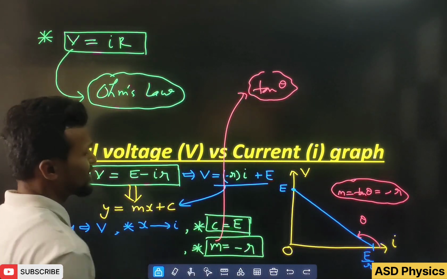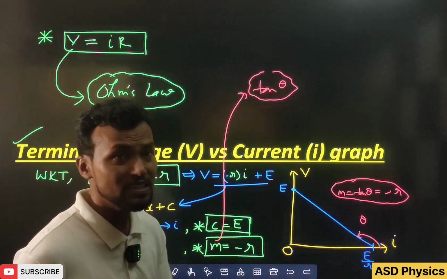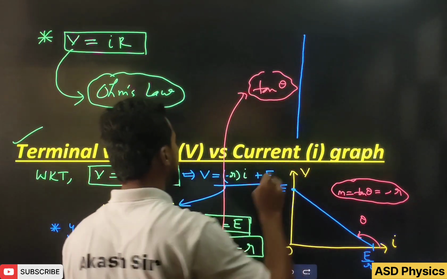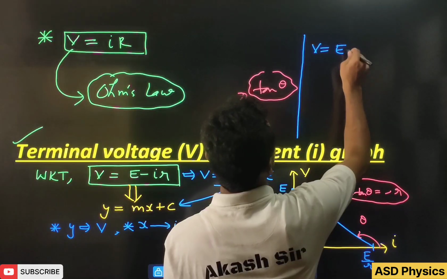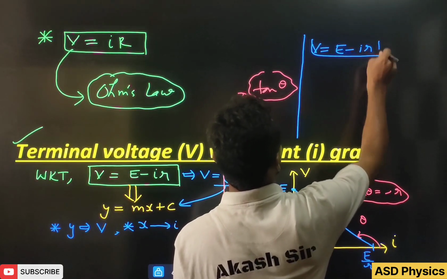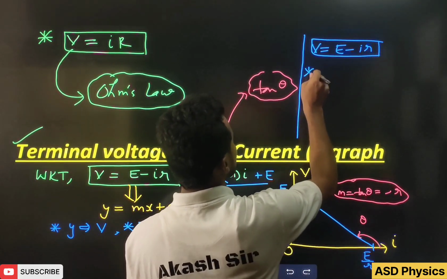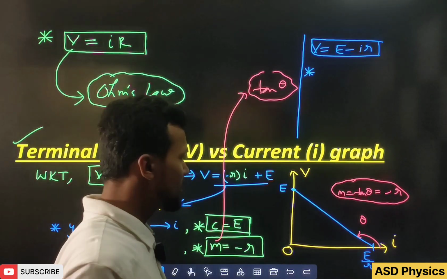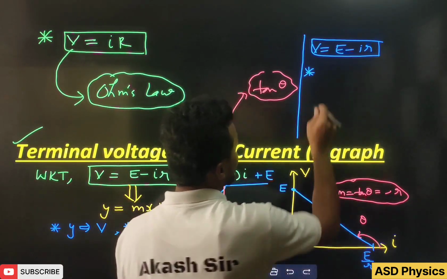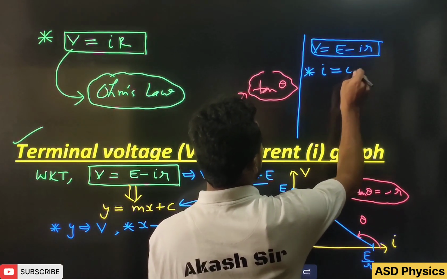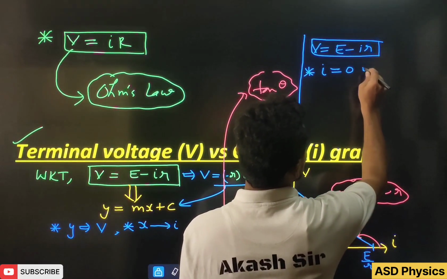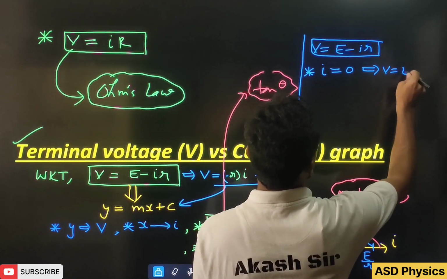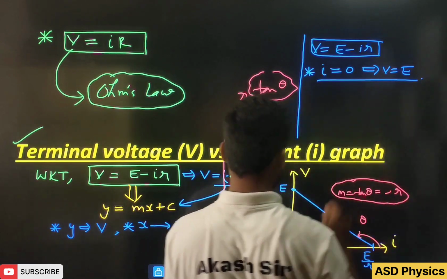You may think, why have I suddenly got E by R? For that, I will tell you one more basic. You know very well V equal to E minus IR. Remember that a line means 2 points will be there. Let's take for example I equal to 0, on the vertical axis. When you put I equal to 0, you will get V equal to E. This is the point you have got.